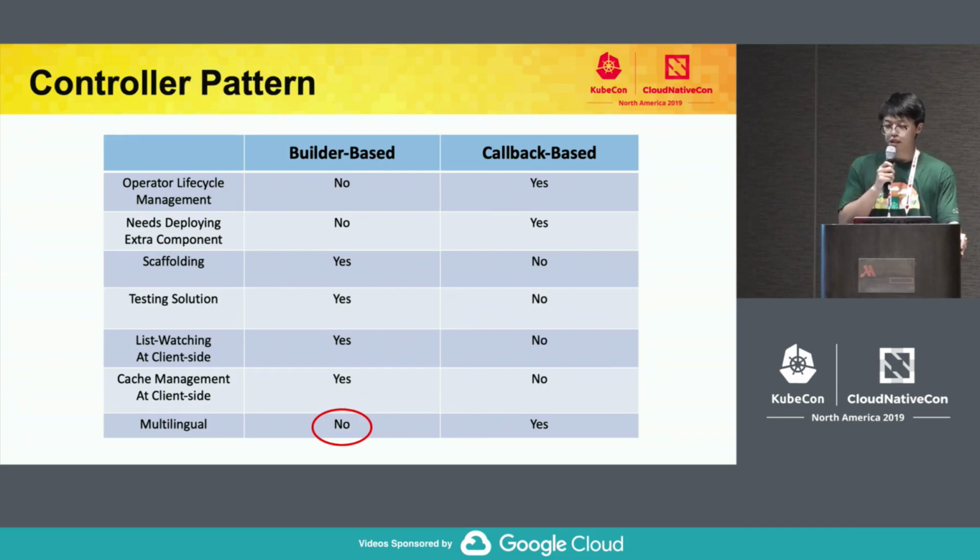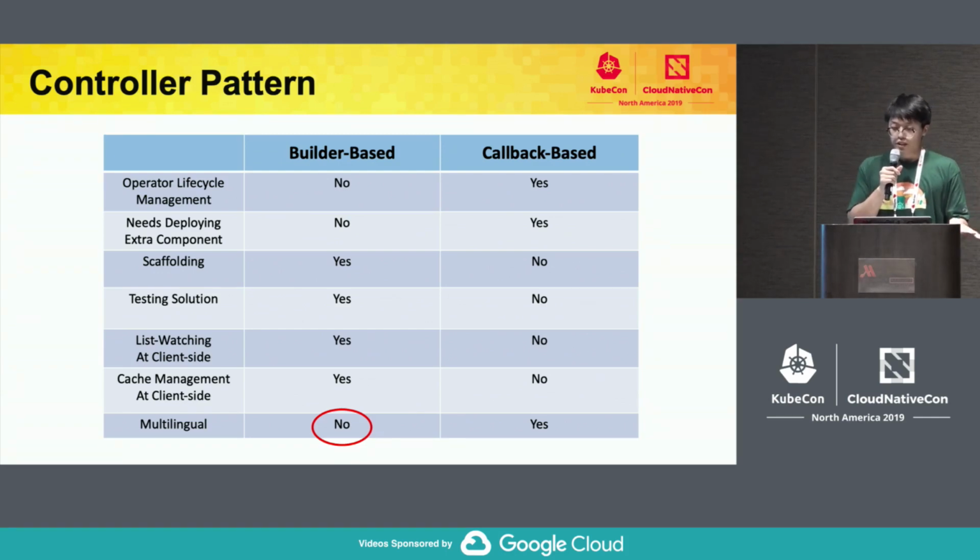So great, let's list them on the table and have a good comparison between the two. As you can see on the screen, let's start with the first two rows of the table. Builder-based controllers help users with step one of building a controller, but they don't handle how to continuously manage the operator's lifecycle, like upgrading.